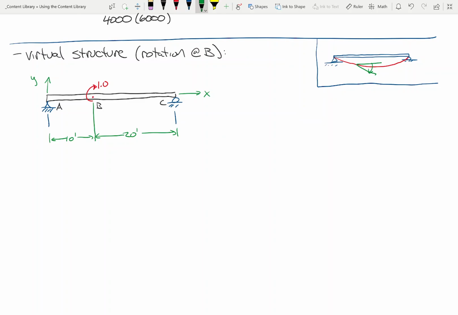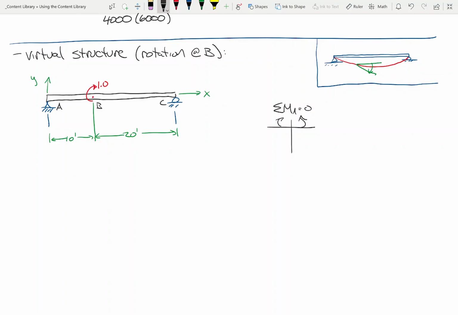So how do we do our reactions? We sum moments at A. Okay. So what do we have? We have 1 and then something times 30, right?